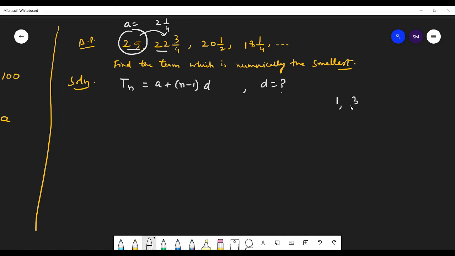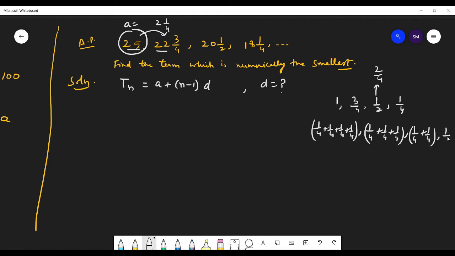See, 1, 3 by 4, 1 by 2, 1 by 4. 1 means 1 by 4 four times, 3 by 4 means 3 times 1 by 4, and 1 by 2 can be written as 2 by 4, an equivalent fraction. So you can see that minus 1 by 4 is your common difference.